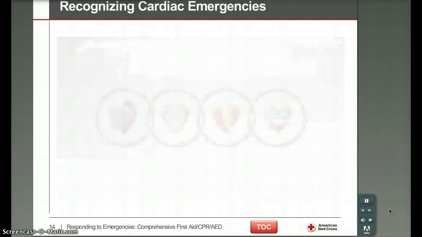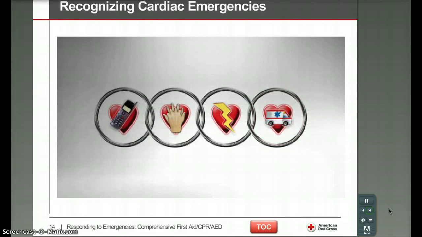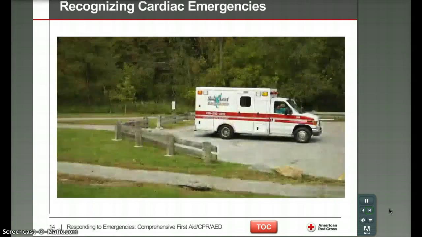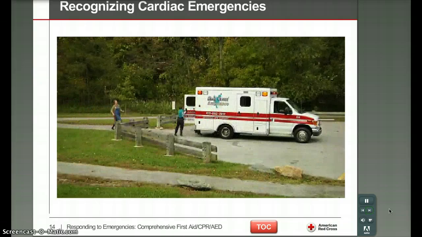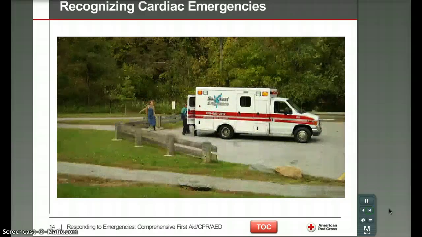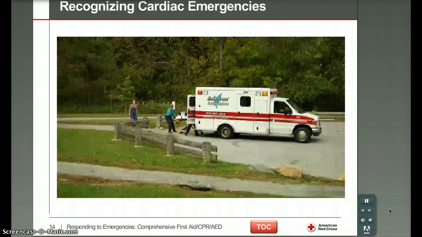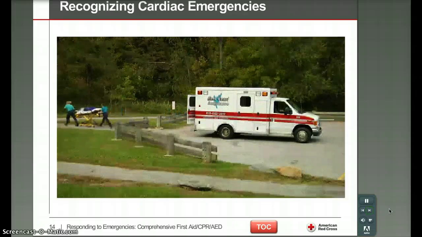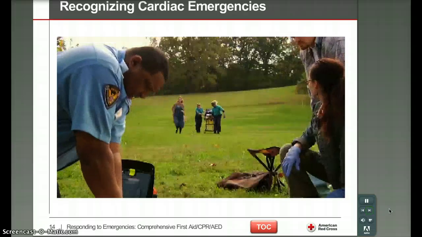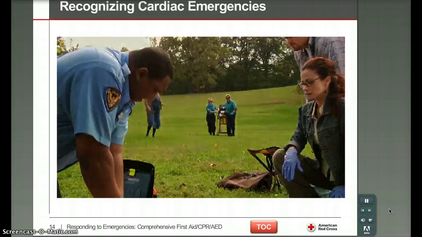Shock delivered. Early advanced medical care is the fourth link in the cardiac chain of survival. Professional responders can provide the knowledge, equipment, and medications to continue the life-saving care you have already given. In a cardiac emergency, when every second counts, responding quickly using the 4 links in the cardiac chain of survival can mean the difference between life and death.